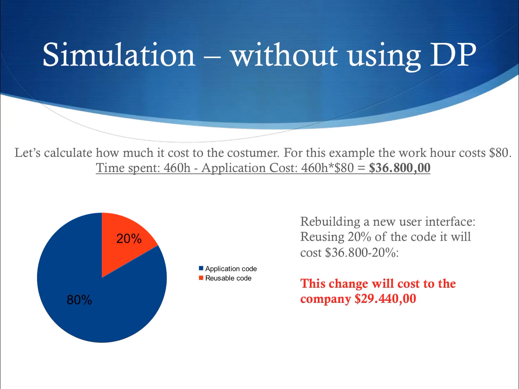To rebuild this new interface, you're going to reuse 20% of the code. It will cost almost $30,000. So the customer will reuse the code he paid for, and you save around $80,000.